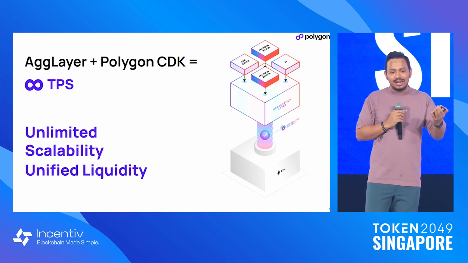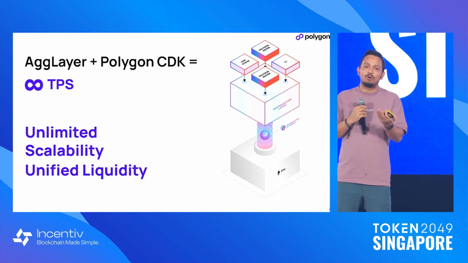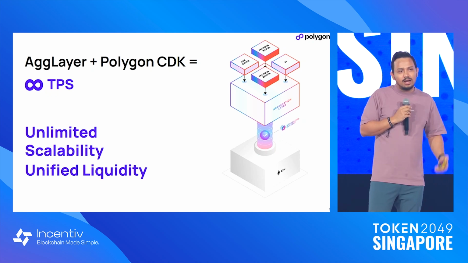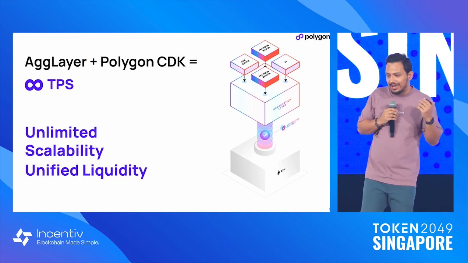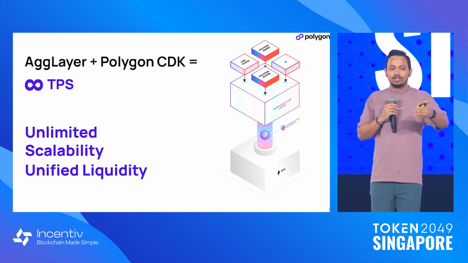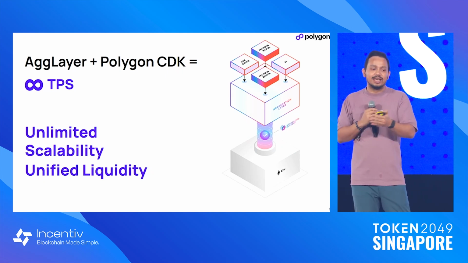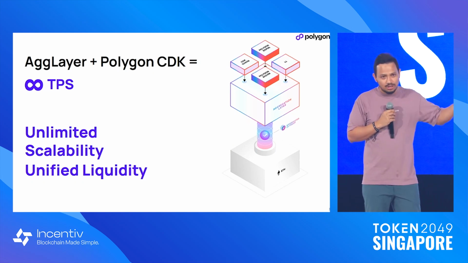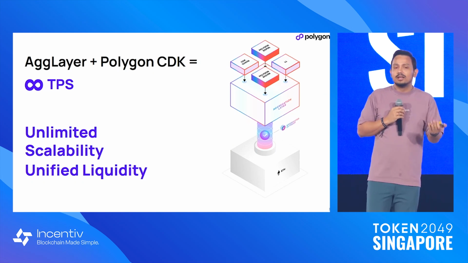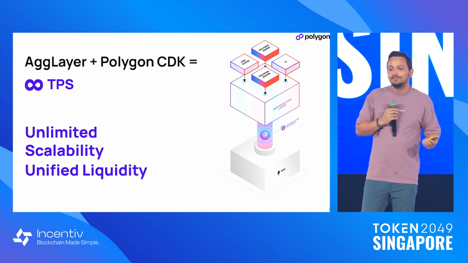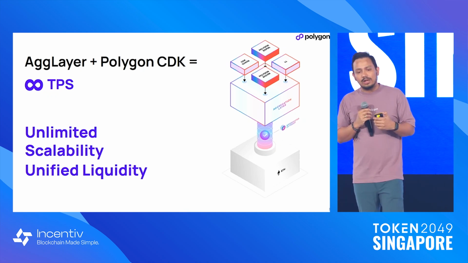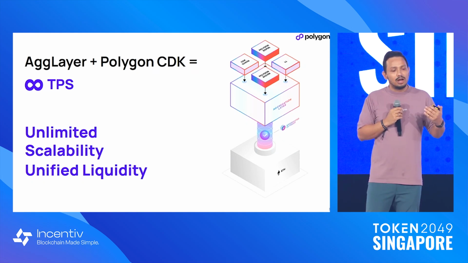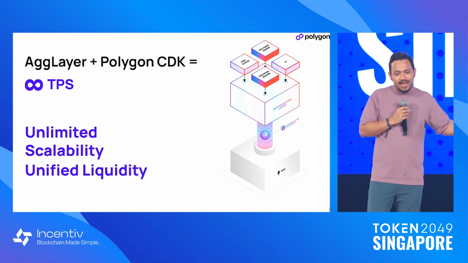Then, Ag layer plus Polygon CDK. Polygon CDK is our own stack, although it's not necessary. But if you want a quick and direct use of the Ag layer, you can use CDK. Very soon, other stacks are coming, so this will change from Ag layer plus Polygon CDK to Ag layer plus any stack, and you have infinite TPS on this large network, and you have unified liquidity, which we believe will take blockchain infrastructure to a place where it can start resembling more and more what Web 2 is for data and information.